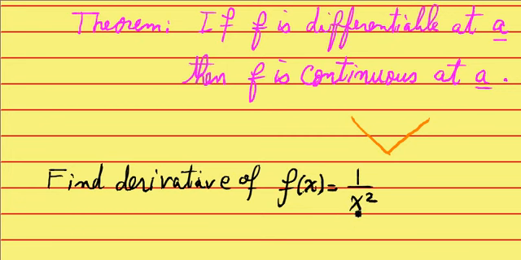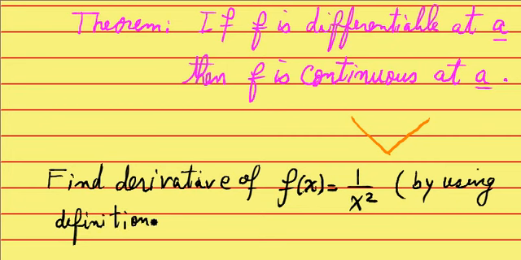I emphasize that at this point in the course, the idea is to find the derivative by the limit process. So find the derivative by using the definition. That means using the limit process.